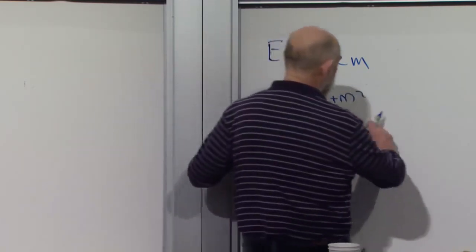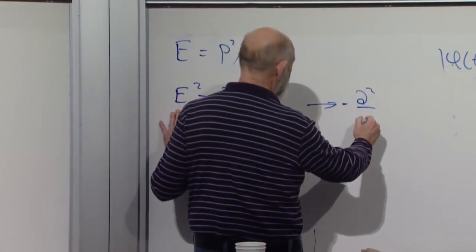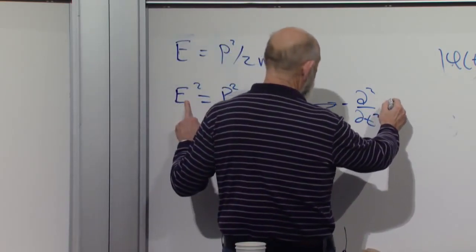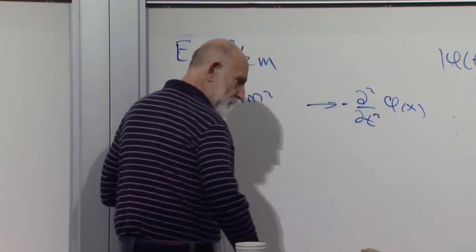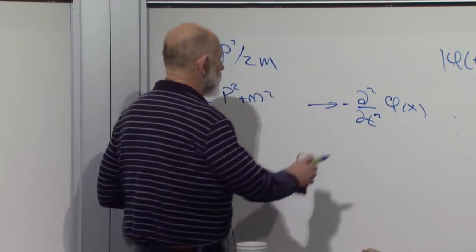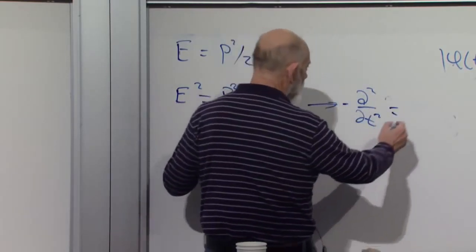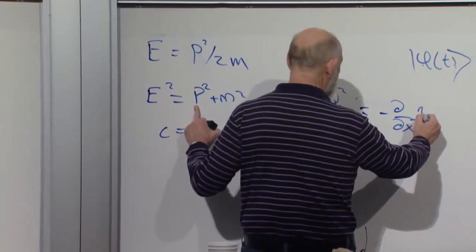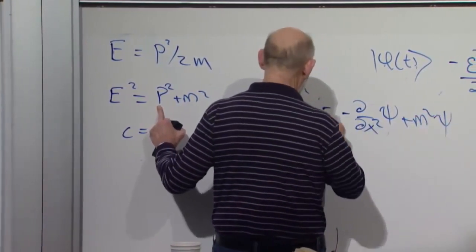So you would write down minus second derivative with respect to t squared on some phi of x, or psi of x, some wave function, equals p squared, that's minus d by dx squared, psi, plus m squared psi, or phi, whatever.